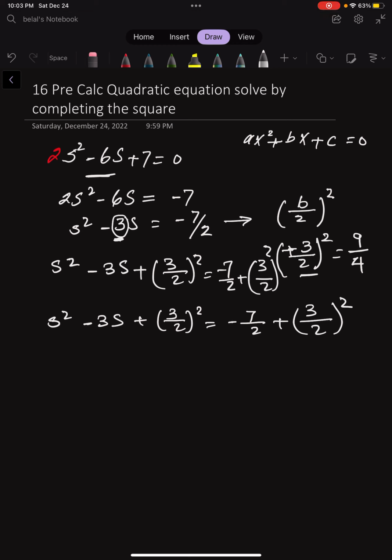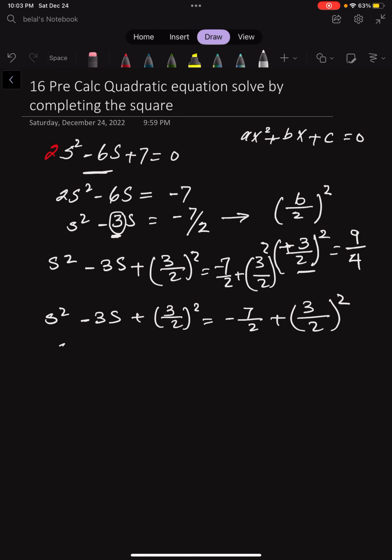So the reason I left it like this is that it will be easier for us when we factor the left side. So we can say s minus 3 over 2 all squared. Right?